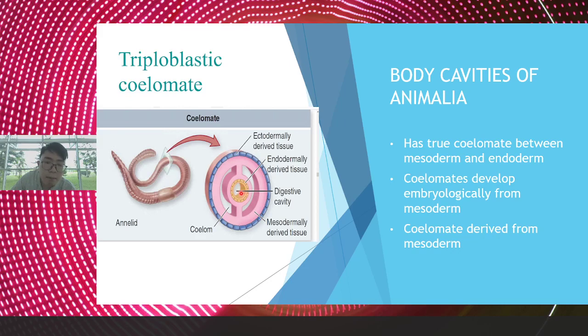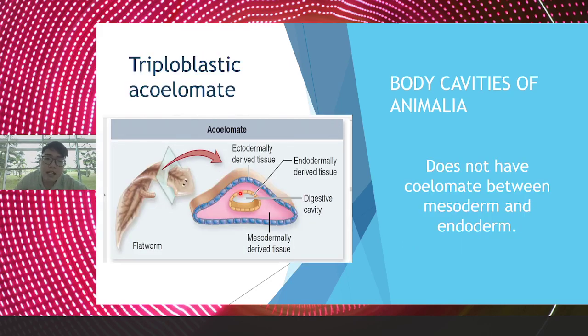But that is why it is not called a cell, it is called the body plan. So only triploblastic animals contain cavities. For the diploblastic, they do not contain body cavities. So for the body cavities, the first one is triploblastic acoelomate.